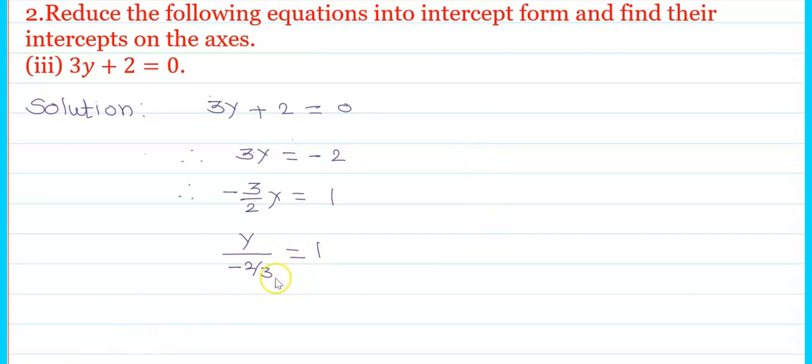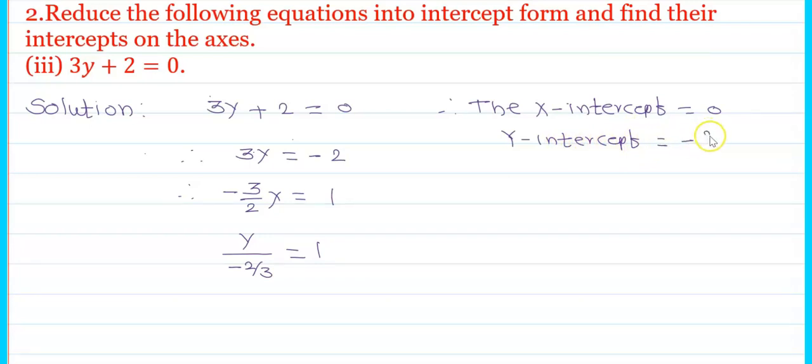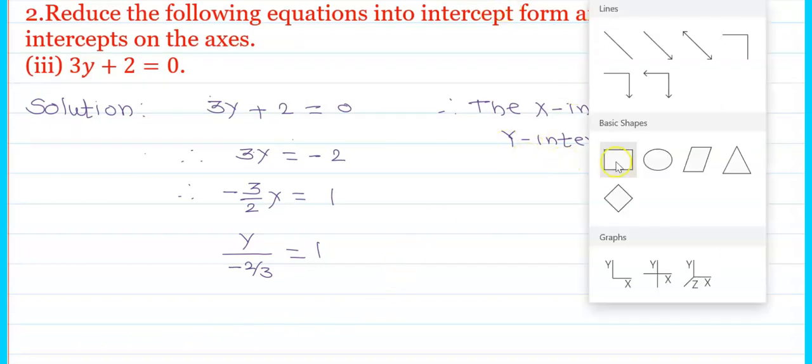This is a line which is parallel to the x-axis. Therefore the x-intercept is equal to 0. And what about the y-intercept? The y-intercept is equal to -2/3. Therefore this is the answer.